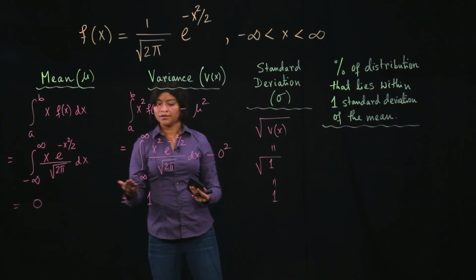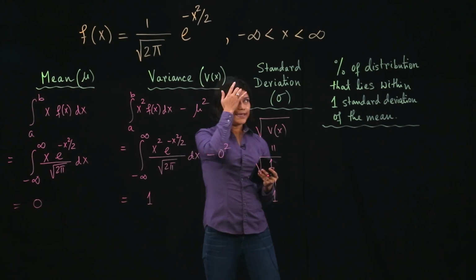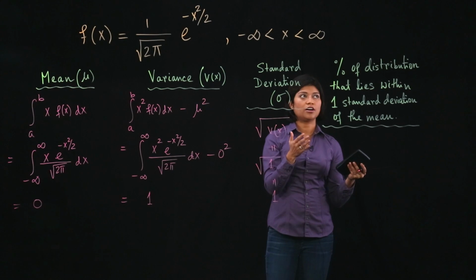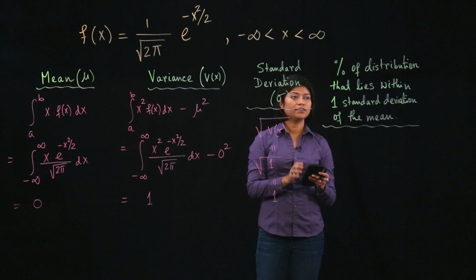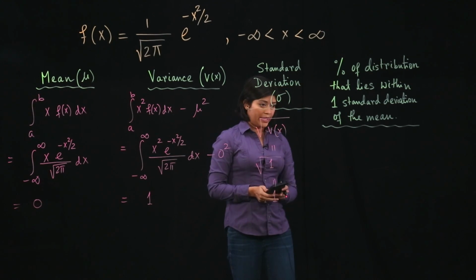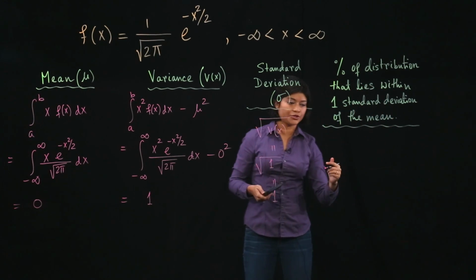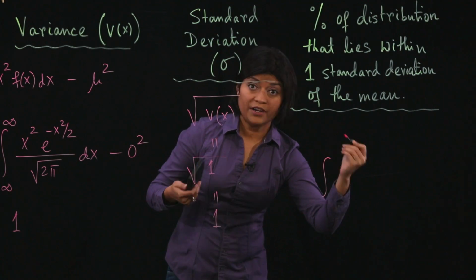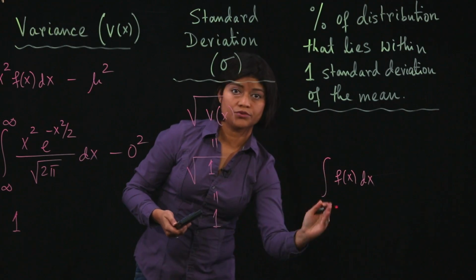Okay, so we figured out mean, variance, and standard deviation. The last thing we have to do is, this is very interesting, you have to find the percent of the distribution of this function that lies within one standard deviation of the mean. Okay, so to compute percent of distribution, you just have to integrate the function itself, f of x dx, between two values.